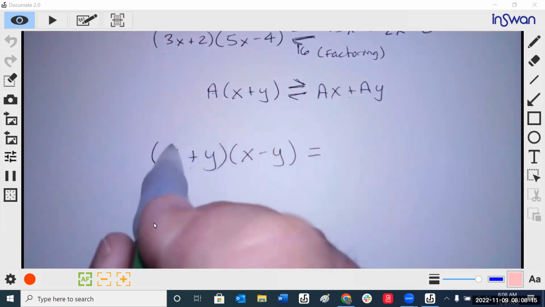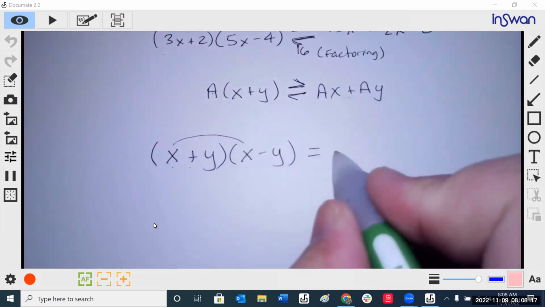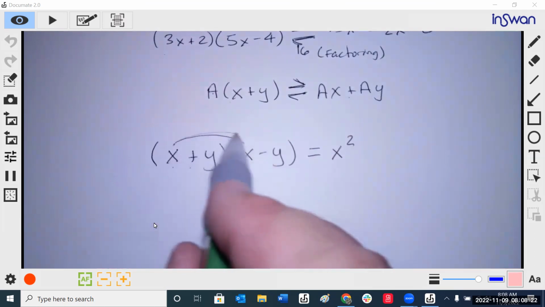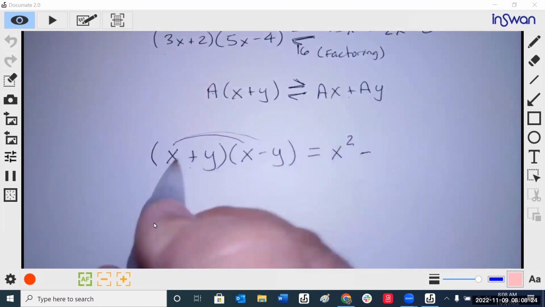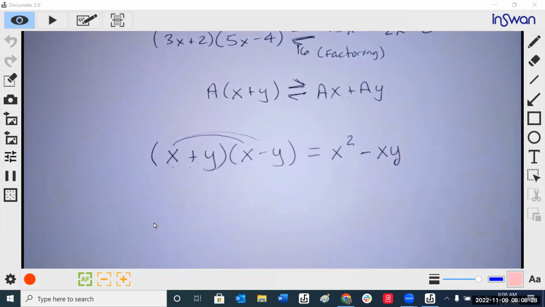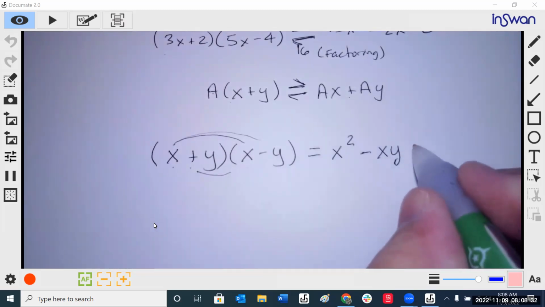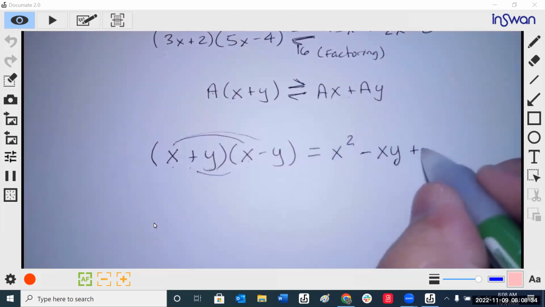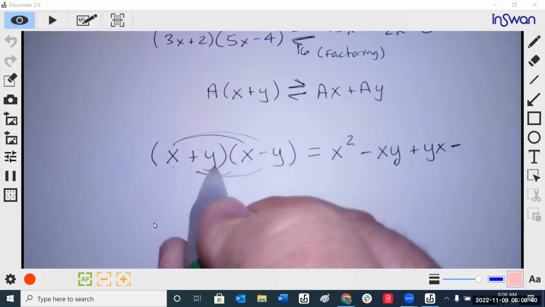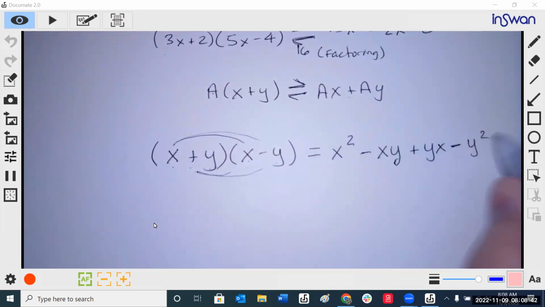So if we multiply these out, x times x is x squared. Positive times negative is negative. X times y is xy. Now here, positive times positive is positive. Y times x is yx. Positive times negative is negative. Y times y is y squared.